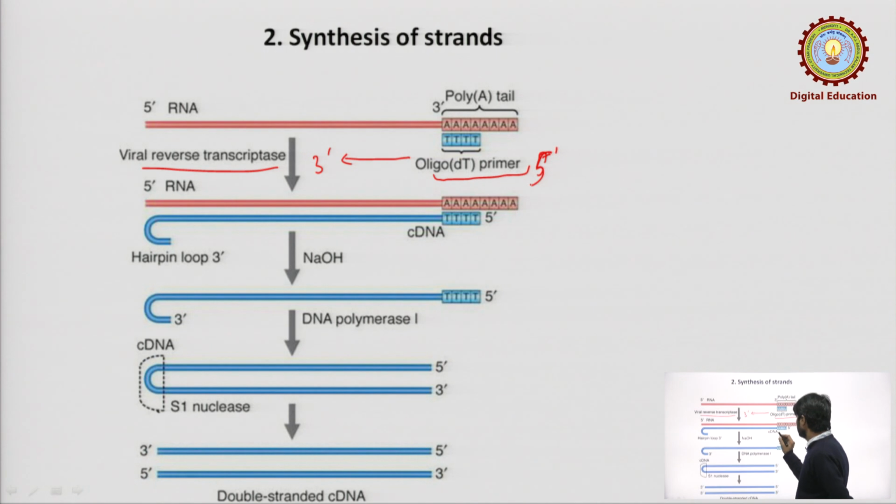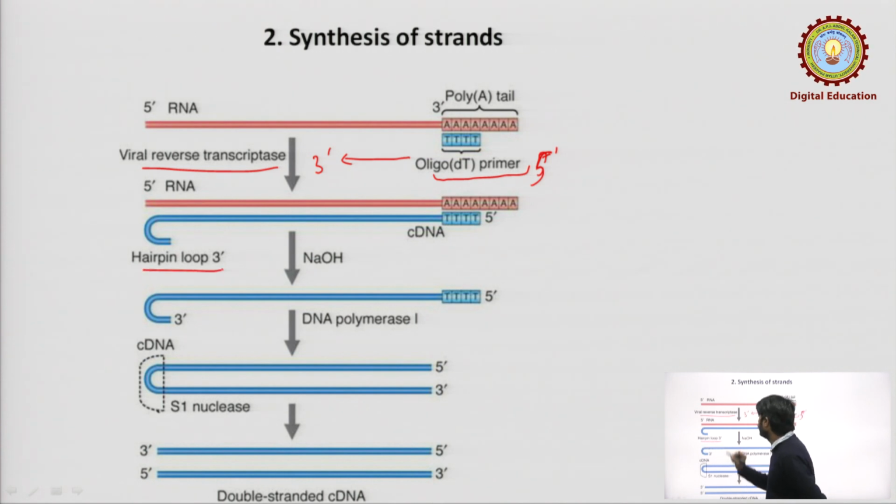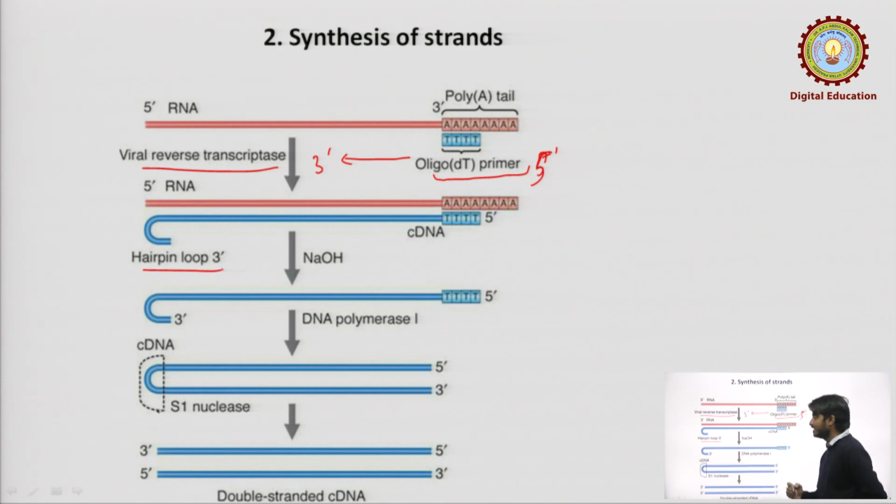Let this blue color be the strand which is synthesized, but when there is no leftover residue at the 5' end, it will loop back. So it will form a hairpin loop at the 3' end.